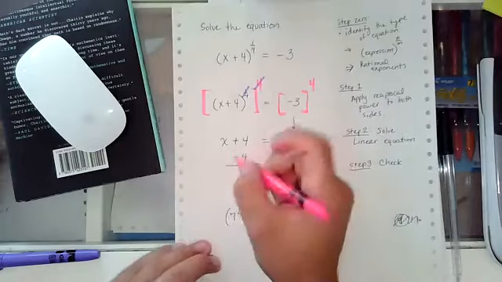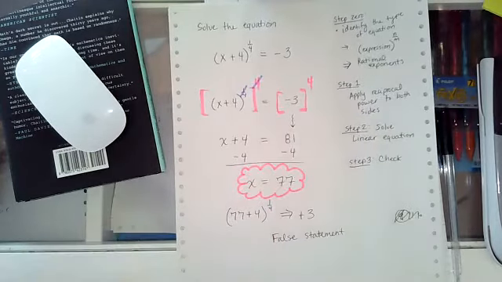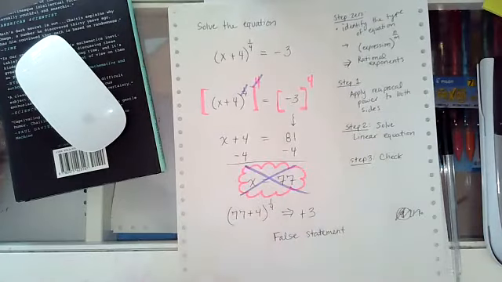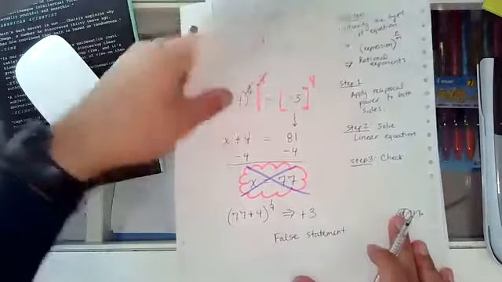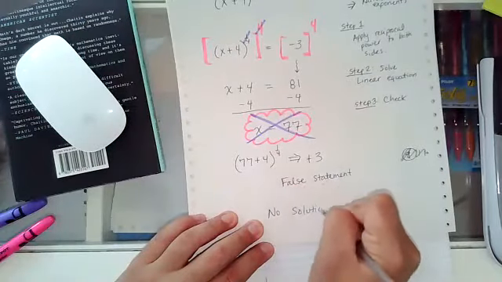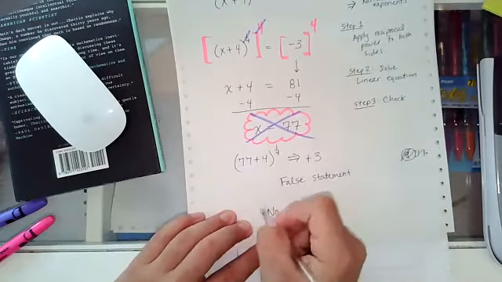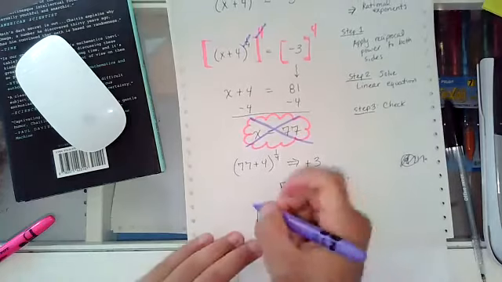Which means that this potential solution is not correct. What that means, though, is that there's no solution for this particular equation. So that would be your answer, that there's no solution.